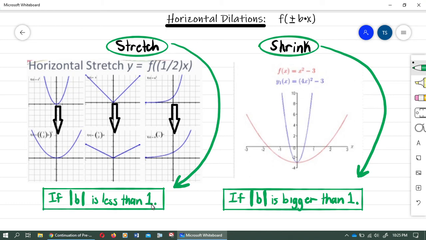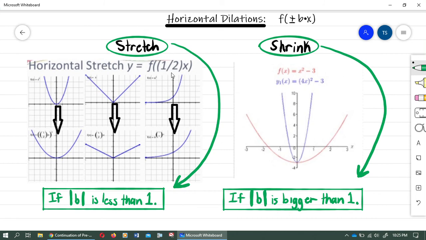Again, guys, I know that seems kind of hard. That seems a little counterintuitive. Remember that we said that when you have those horizontal changes, those changes happening inside the function, they're going to seem counterintuitive. It's counterintuitive to multiply times a number that's less than 1.